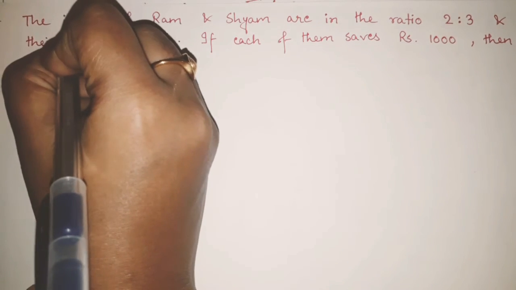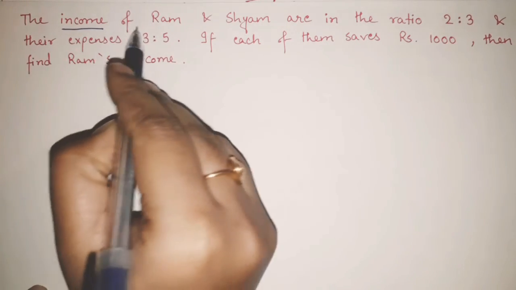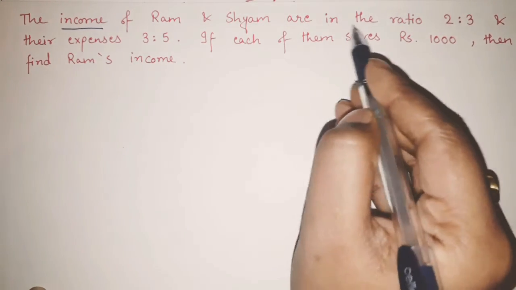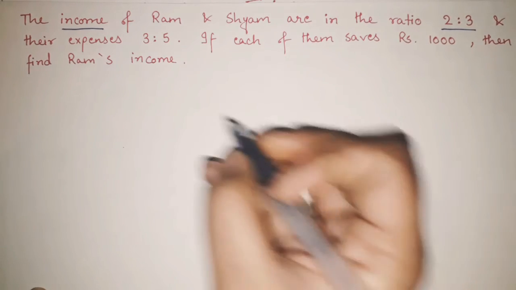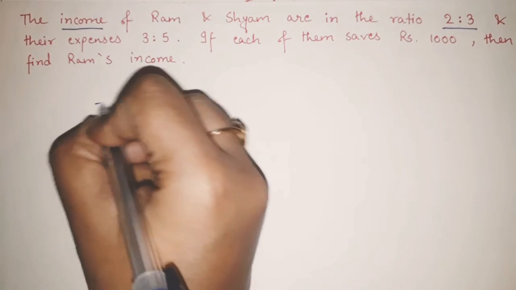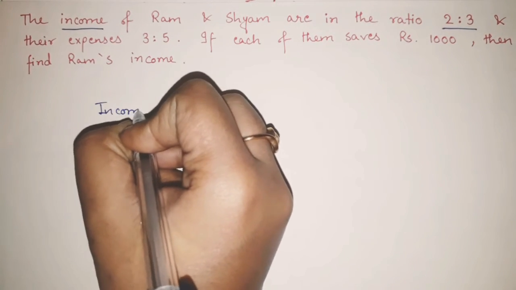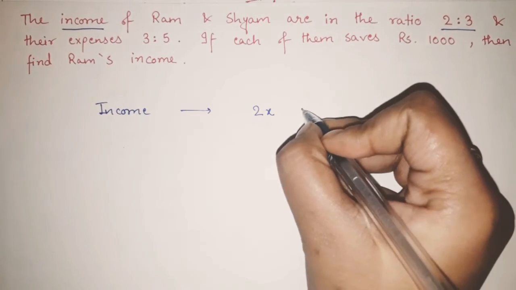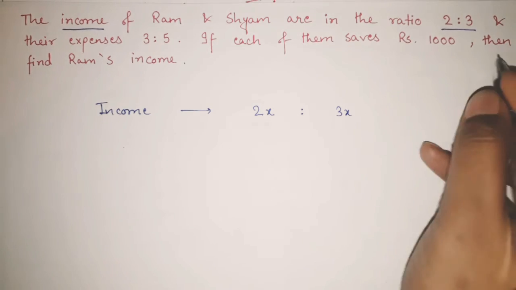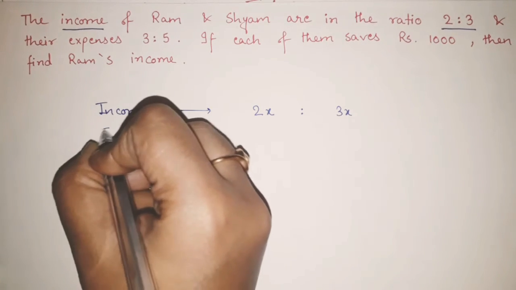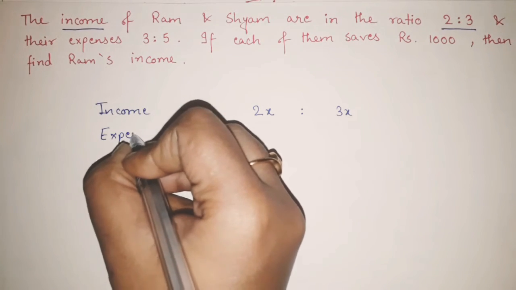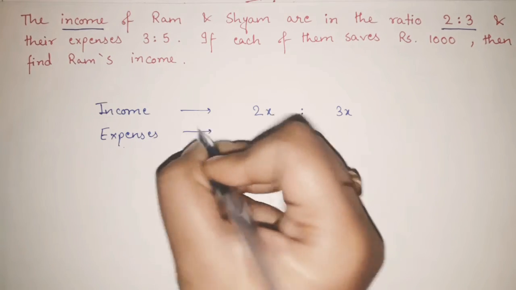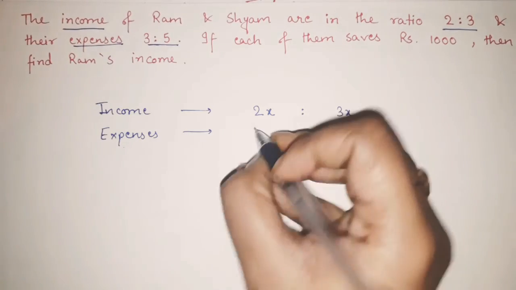So see what they have told. They are telling about income, that the income of Ram and Shyam are in the ratio 2:3. So their income ratio is 2:3. Let's say 2x is to 3x, and their expenses ratio is 3:5.